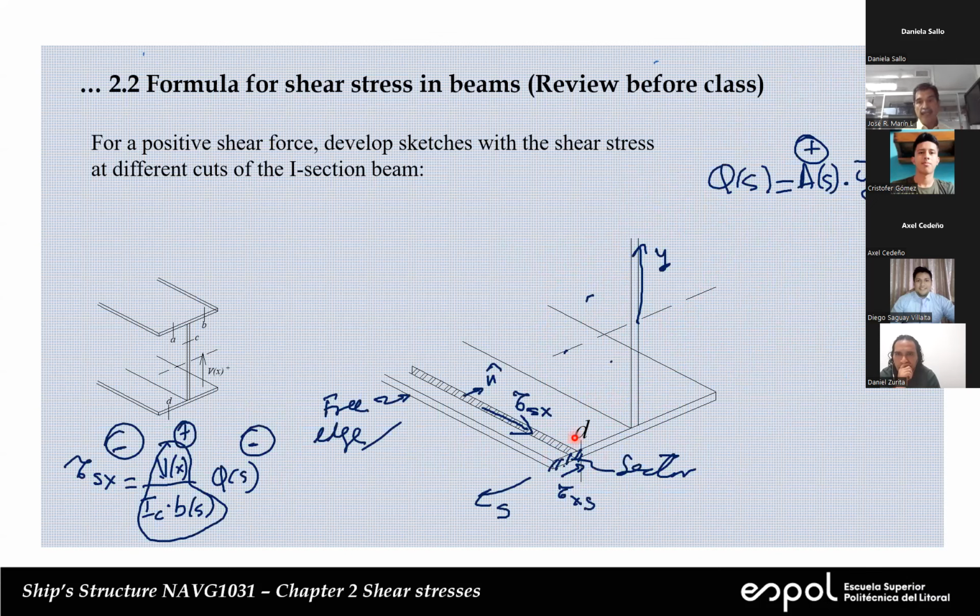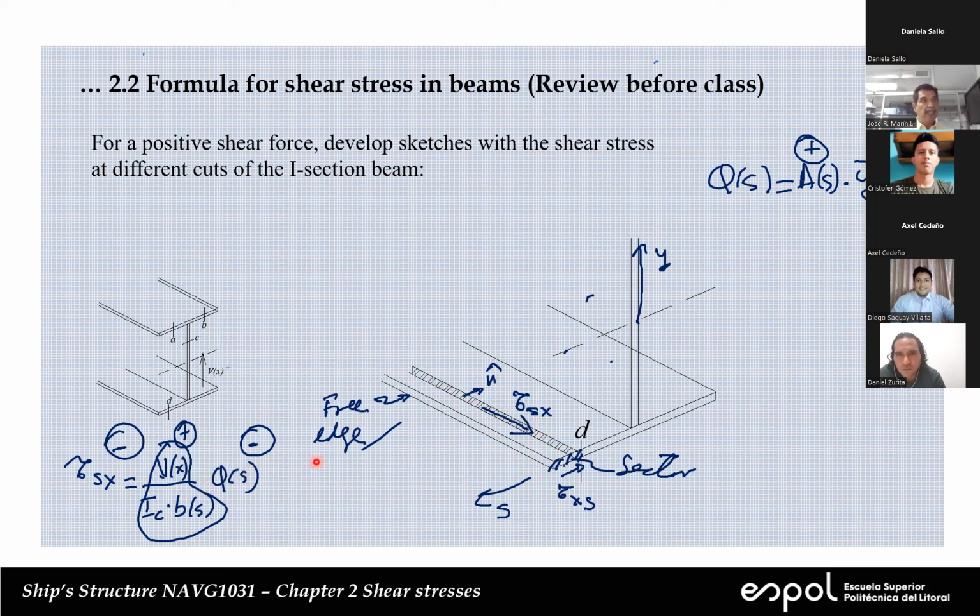And that's what we did here. In this case, this piece, this element, Q of S, is negative. For this segment, that's the N, because S goes in this direction. If this is negative, the positive should go in the other direction.